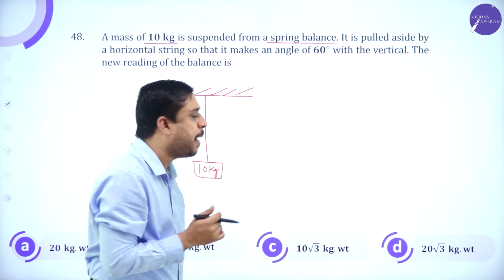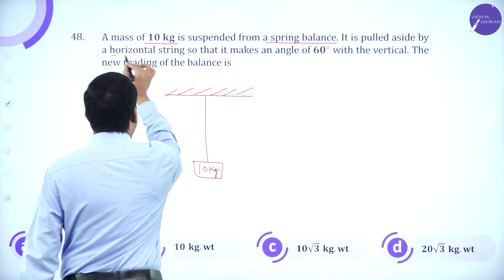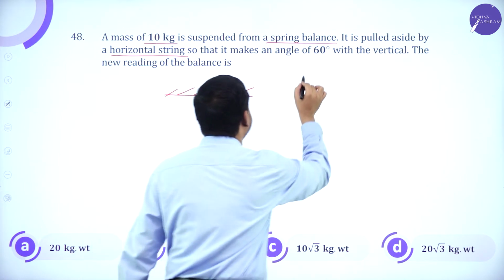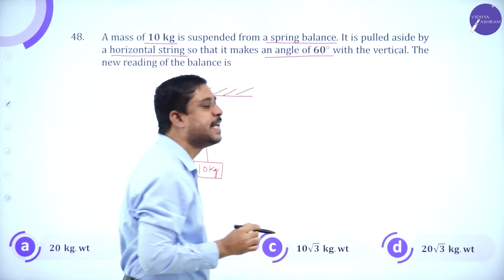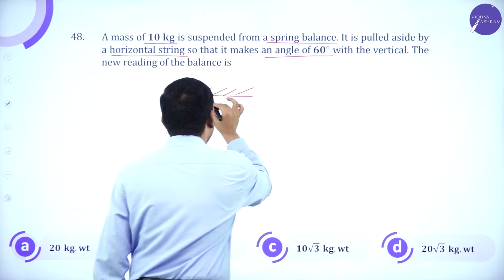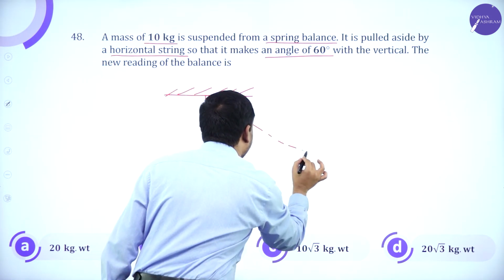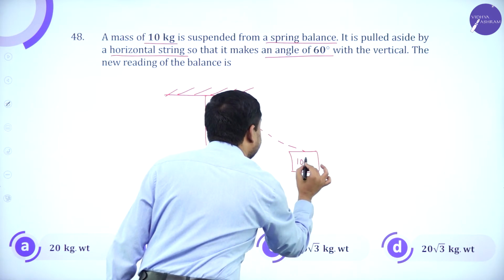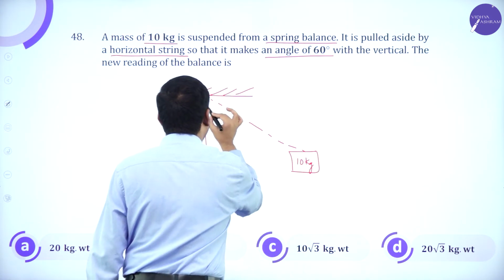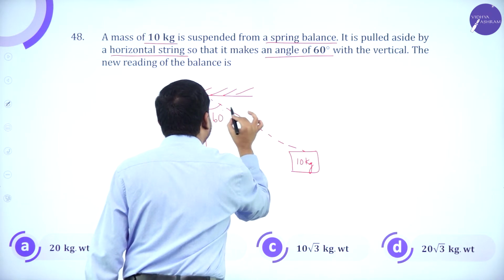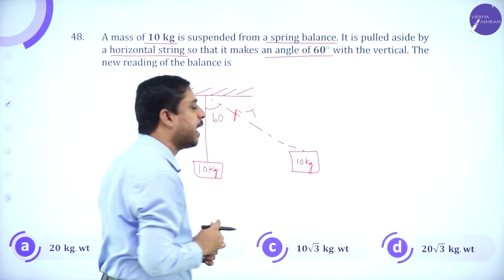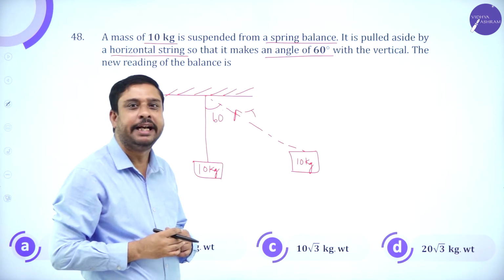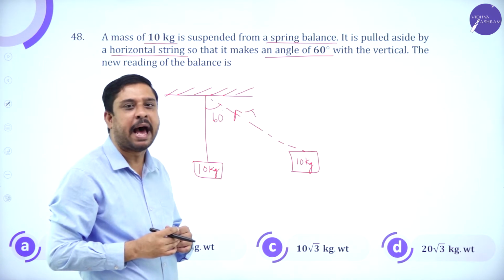It is pulled by a horizontal string so that it makes an angle of 60 degrees with the vertical. Now, it is pulled by a string which is making an angle of 60 degrees with the vertical. What is the new reading of the spring balance?